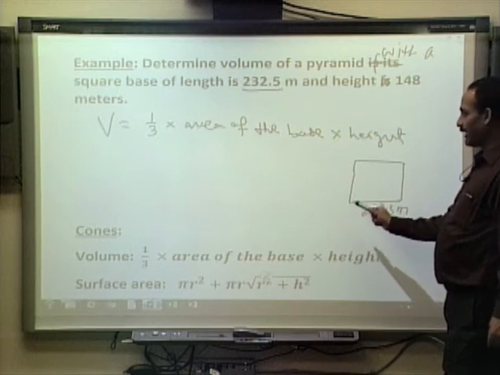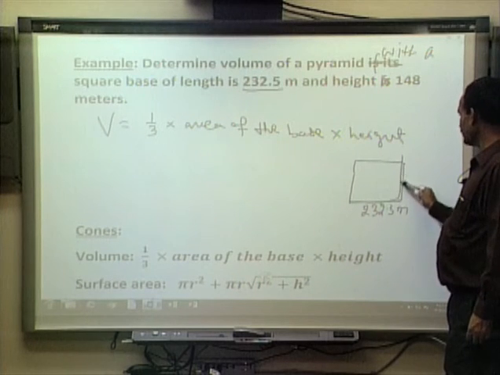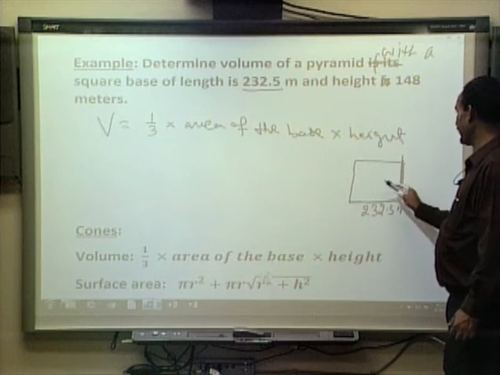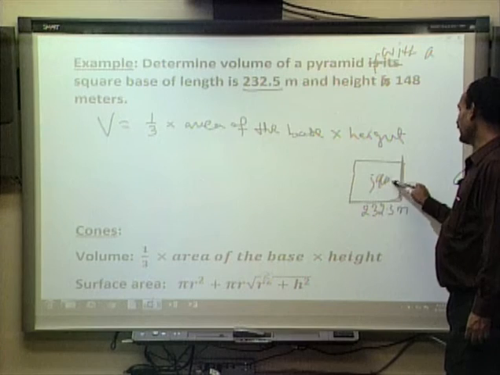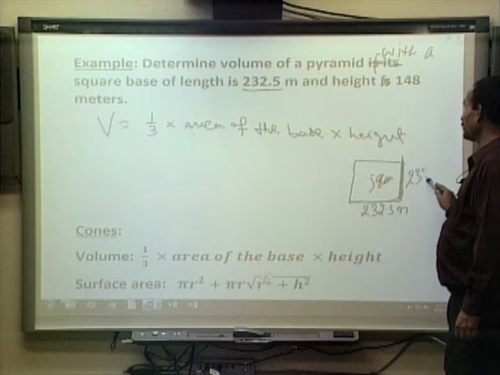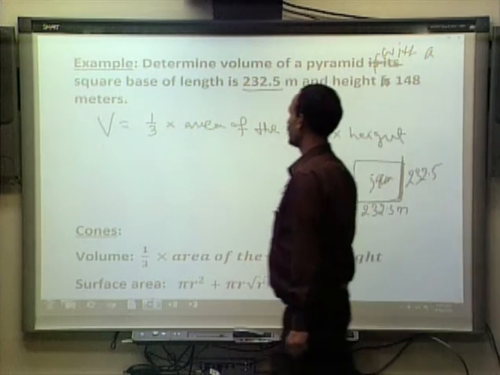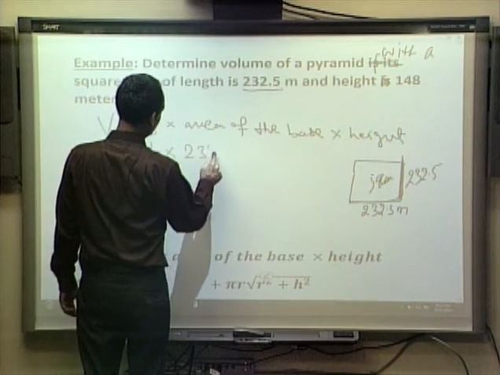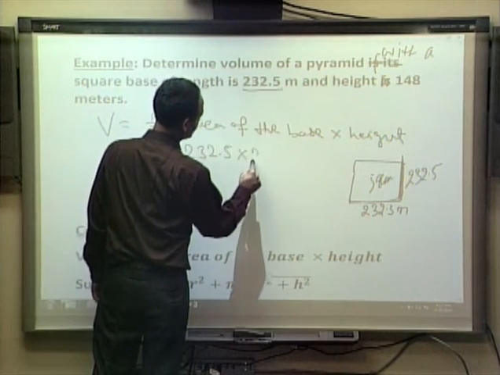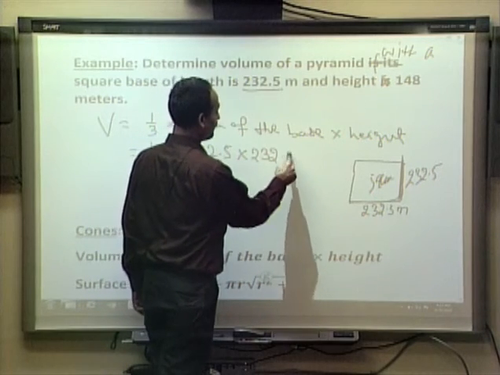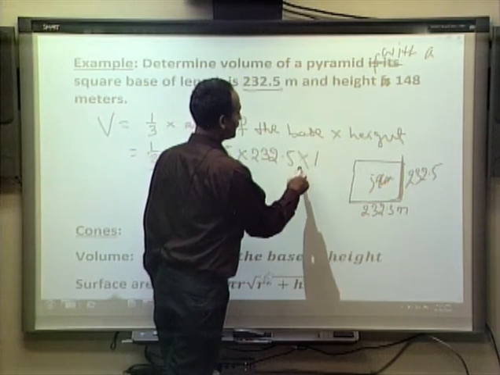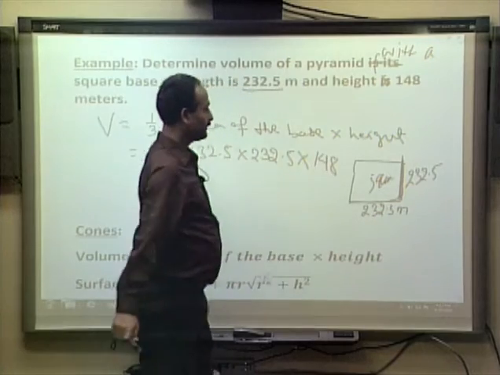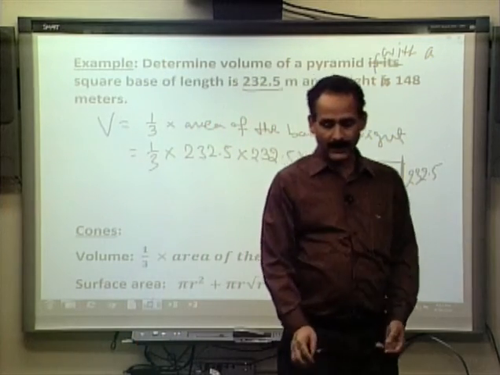We know that the area of a square is this times this, and these two are of the same length because it is a square. So this will be 232.5 as well. So the area of the base is 232.5 times 232.5, times the height, which is given to be 148.